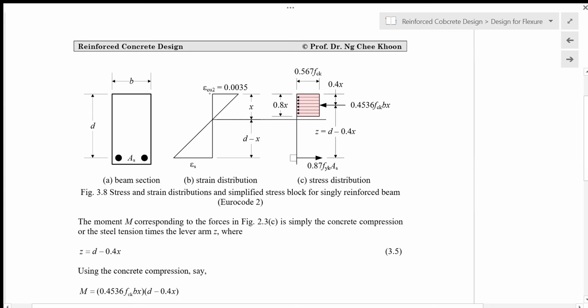Now if you look at this strain distribution, we have two similar triangles.